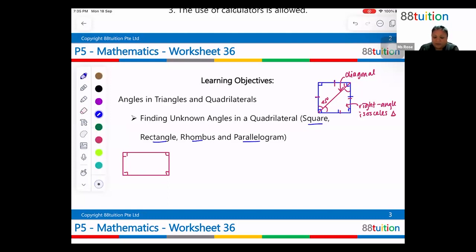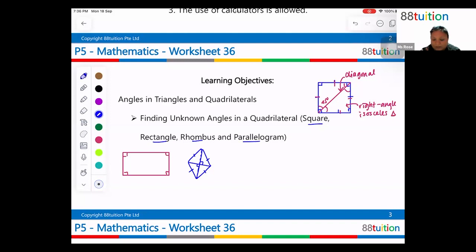All right. Now, what is a rhombus? Usually a rhombus is like that, whereby all sides must be equal. With the rhombus, the diagonal cuts exactly at a right angle.